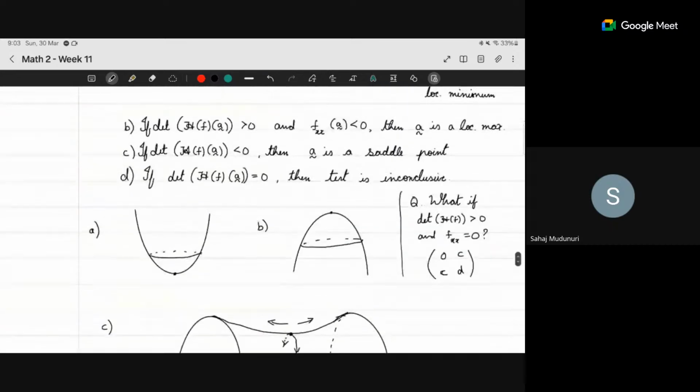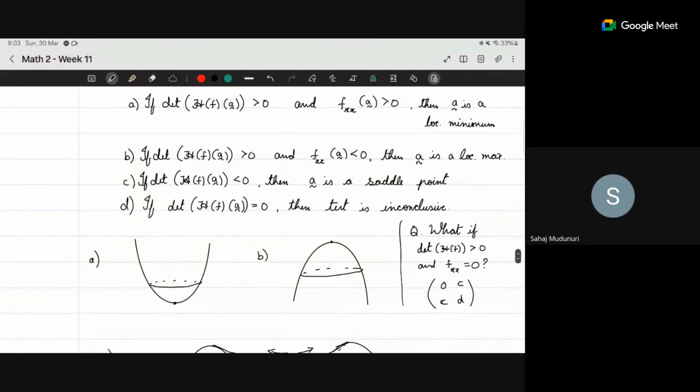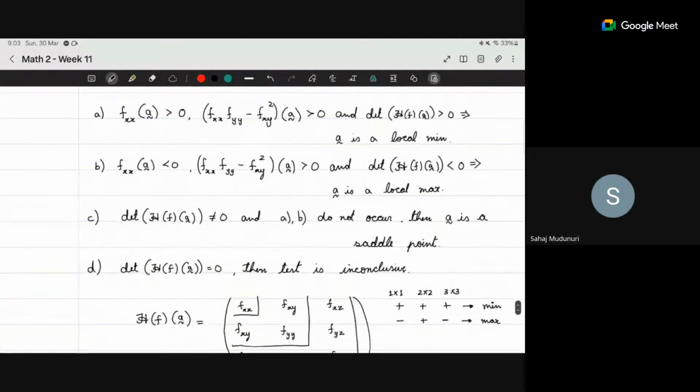In this case, it forces the determinant to be negative, or at least non-positive. Sir, what if C is zero? Yes, non-positive, that's why I corrected it. It's minus C square in general. If C is zero, it will be zero.